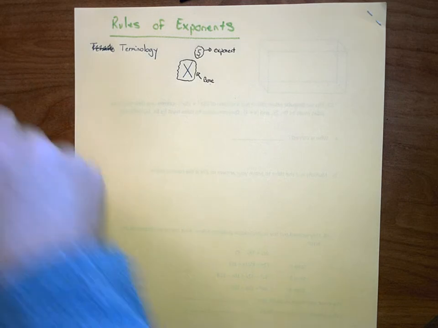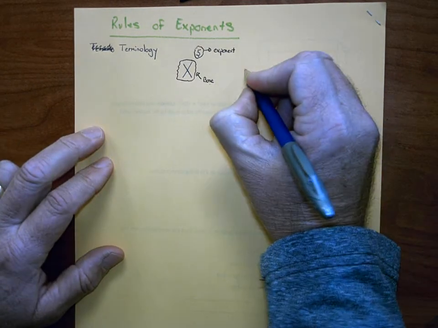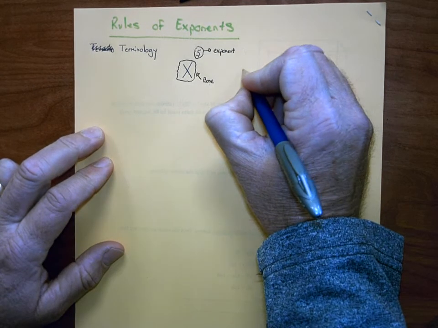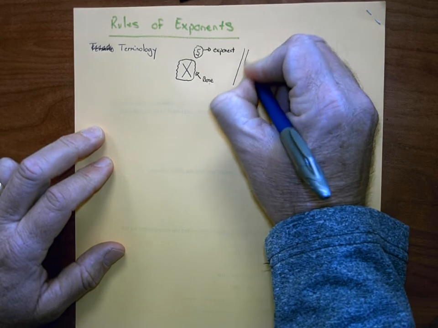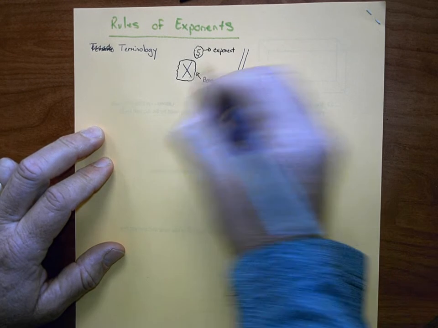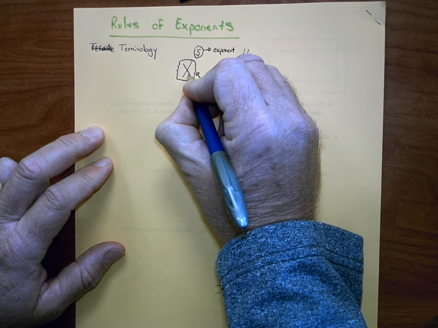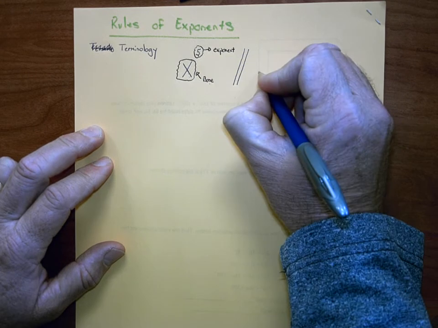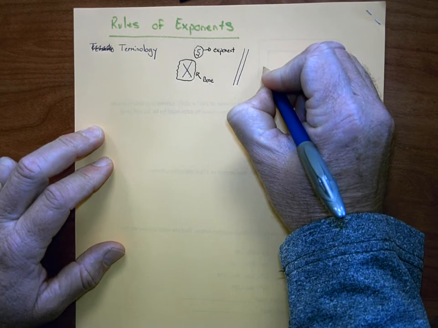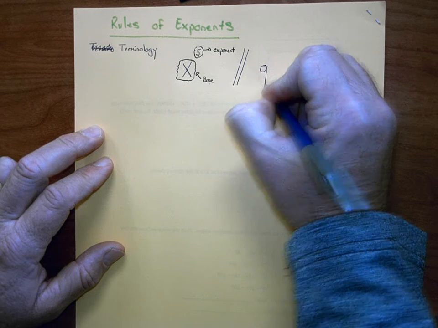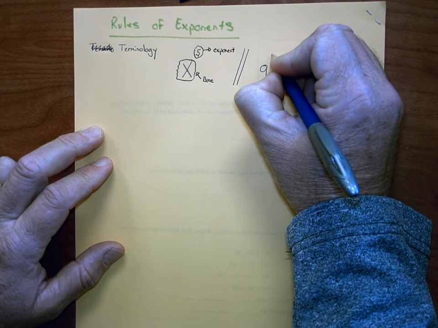And if you ever see something where we have a base, and the base could be anything, by the way. The base does not have to be a variable, a letter. We could have a base of a number like 9, and then we could have an exponent of whatever we want.